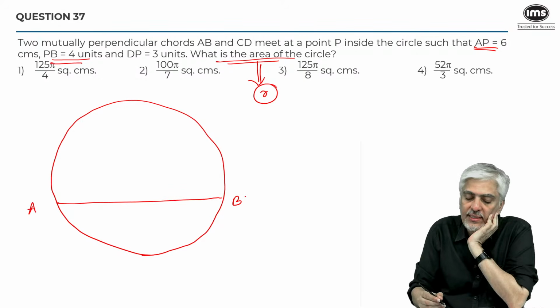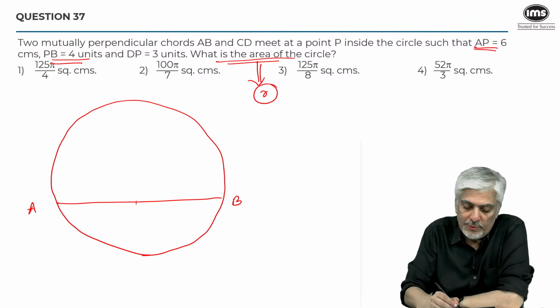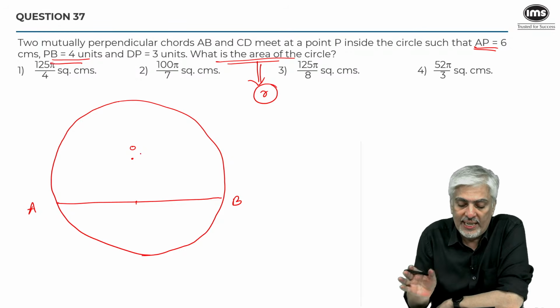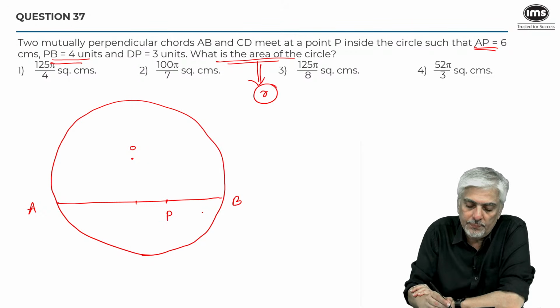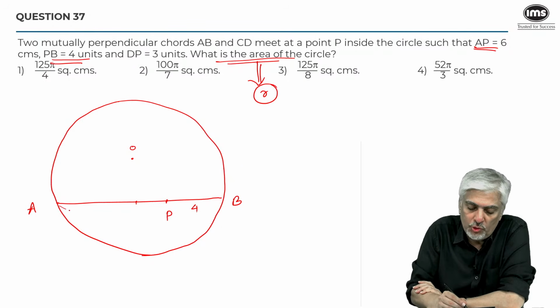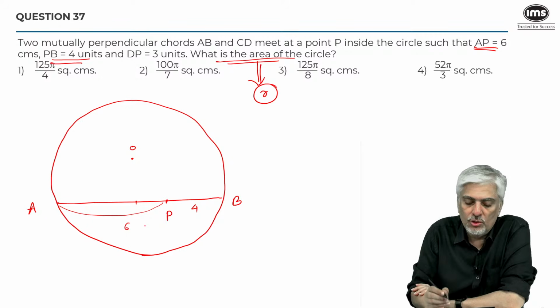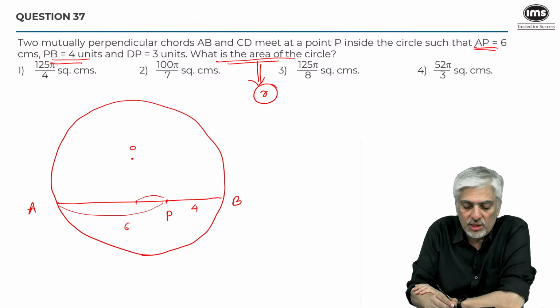This will be the center, exactly above this will be the center of the circle, but that's not the point. We might need it, I'll come to that later. PB is 4, this full is 10, so half of it is 5. So this is 1.